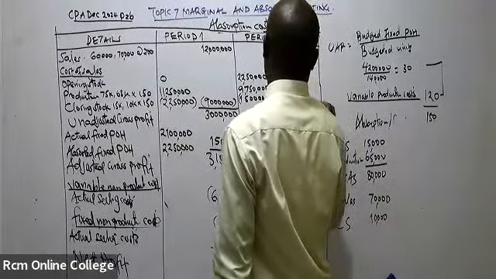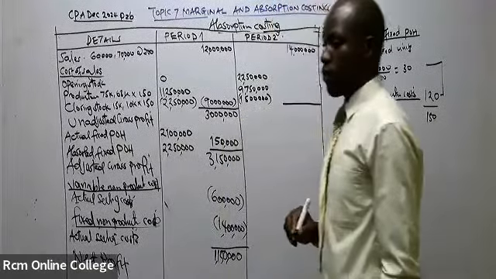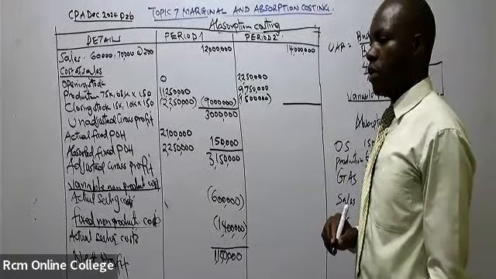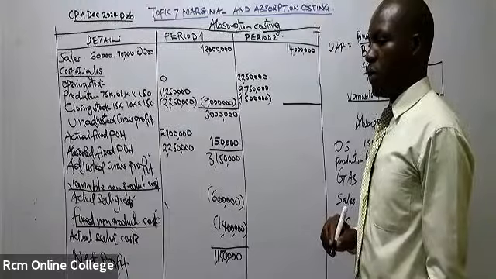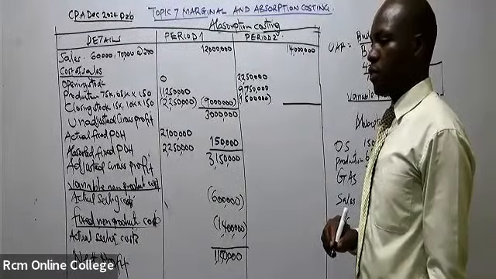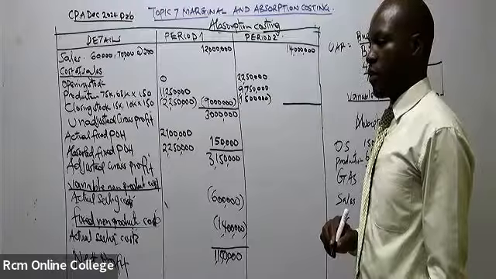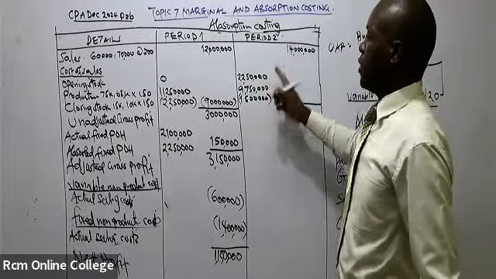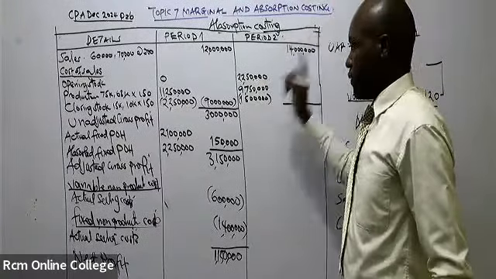So what is our cost of sales for period 2? People are letting me down. 2,250,000 plus 9,750,000 minus 1,500,000.